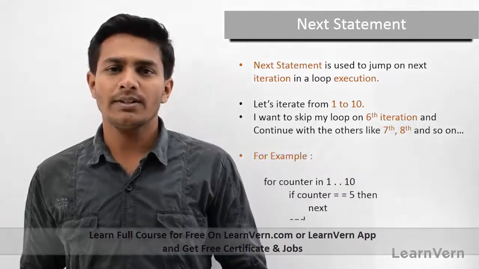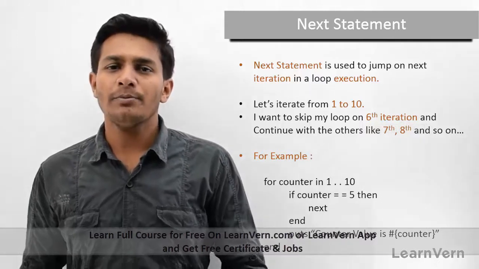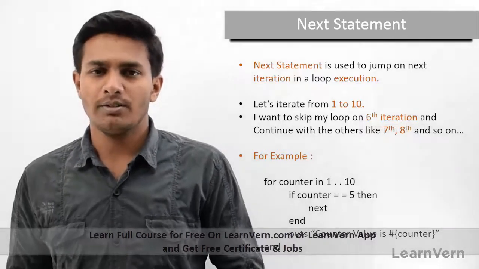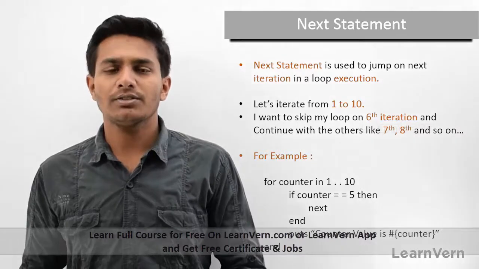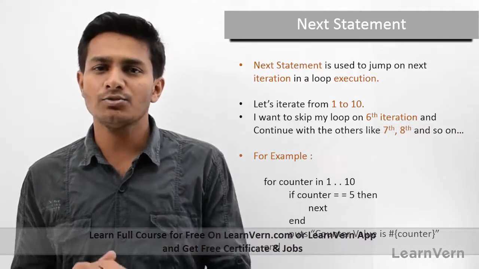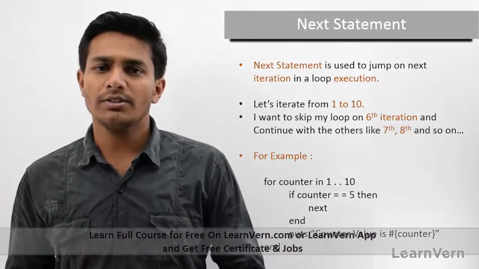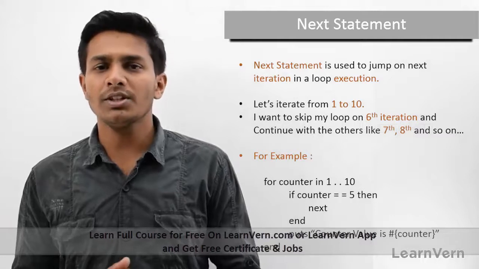Here in the example, I am iterating from 1 to 10, and each time I am printing the counter variable. But I have put a condition: if my counter equals 5, when it reaches 5, I do not need to print the counter variable. I want to skip it.